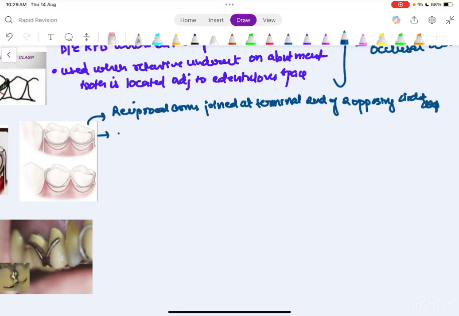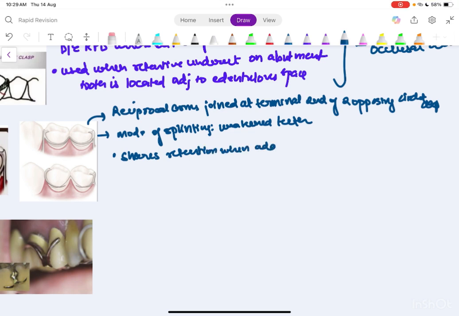Now this is also used as a mode of splinting for weakened teeth. Basically this is used to share retention when additional teeth on the same side of the arch, when the primary abutment is weak.